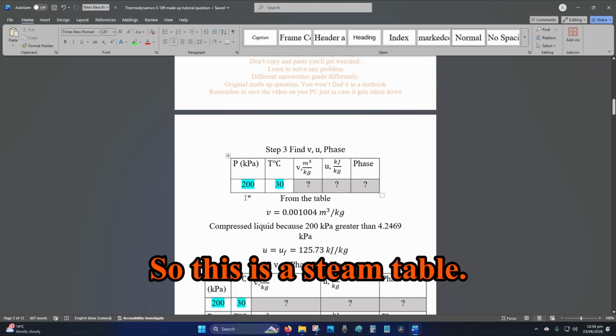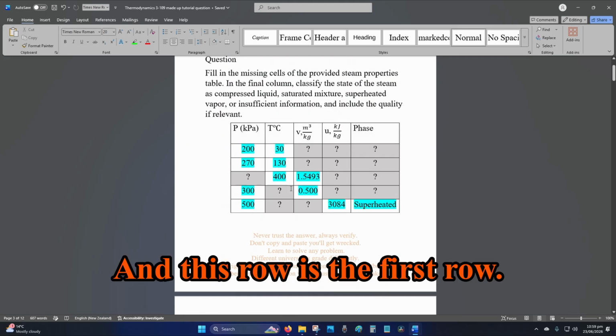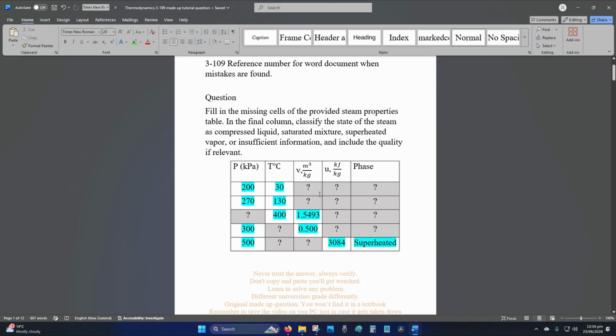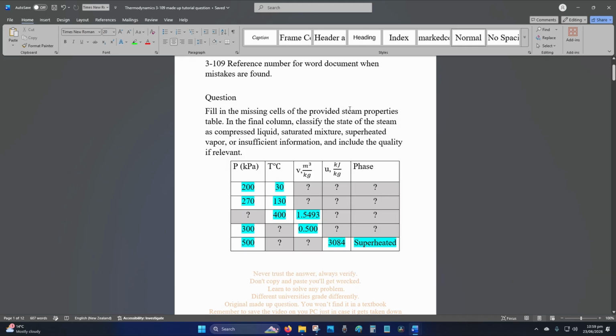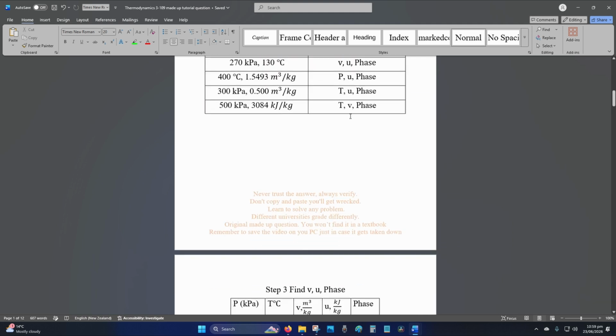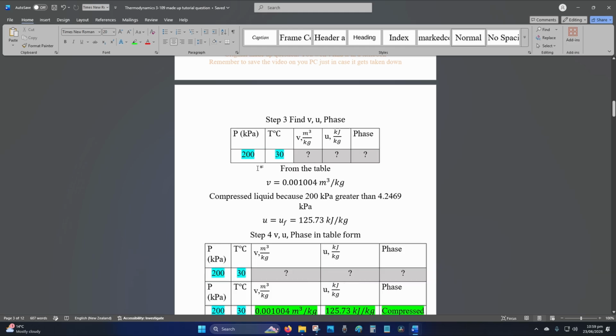So this is a steam table, and this row is the first row. Okay, so we go to the saturated water table. From there, we check the pressure because that's the first one given.